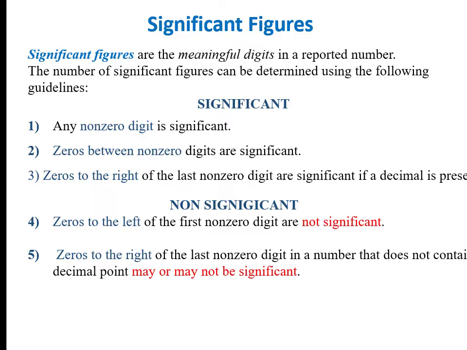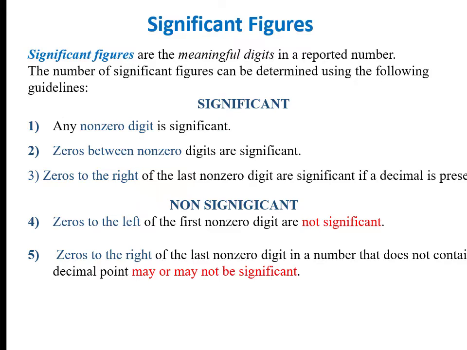Now, if I write a number like 504, that 0, which is in between non-zero digits, will be significant. Reason being that if I eliminate it, then my measurement changes dramatically. If you have zeros to the right, then these are significant if there is a decimal present.